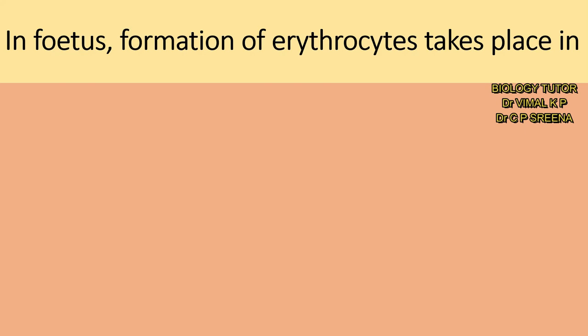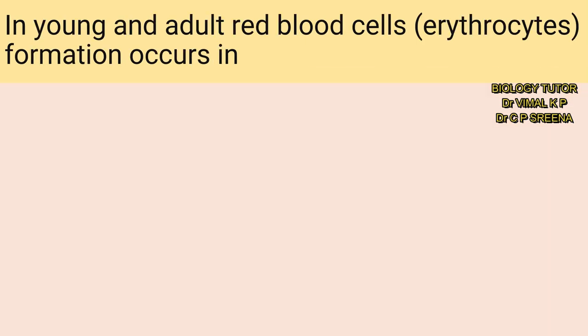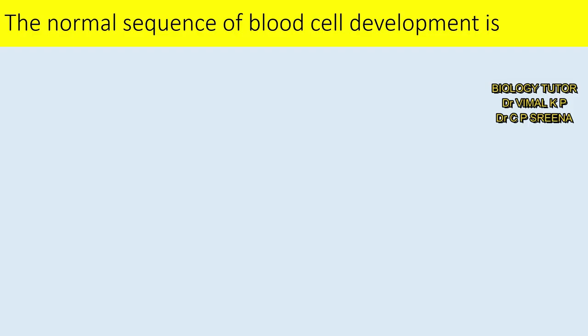In fetus, formation of erythrocytes takes place in liver and spleen. In young and adult, red blood cell formation occurs in bone marrow. Answer is bone marrow. Next question.